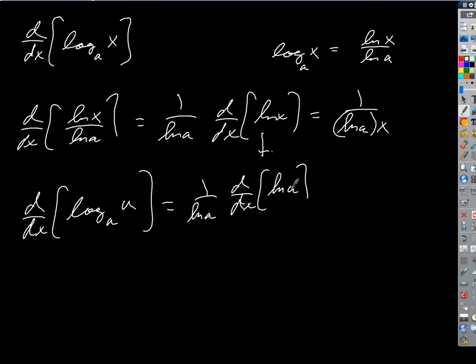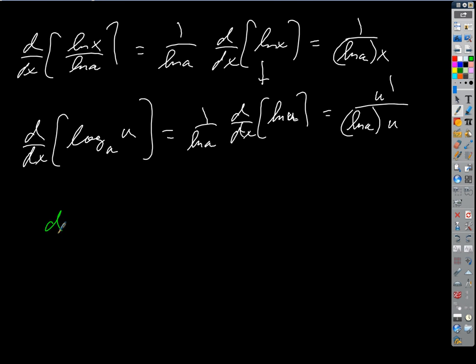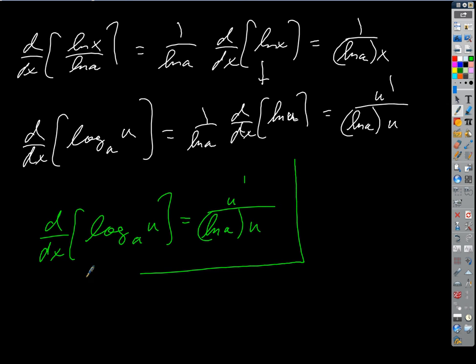And that's a u, so what's the derivative with respect to x of log u? It's u prime over u. So I'm going to get u prime over log a times u. So that's my standard form. Let's write that down. There it is. So there's the other one again.